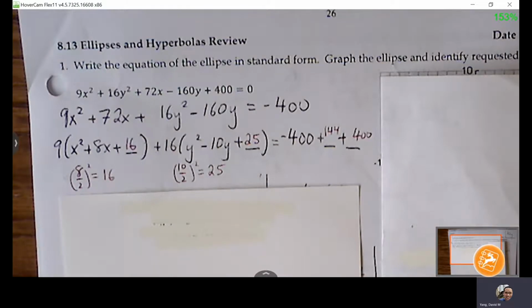So you'll put 16 in the first space, but on the other side it'll be 16 times 9, right? Because there's that 9 impacting the true value of that constant on the left side. Okay, if any step doesn't make sense, be sure to ask so I can clarify any steps for you.